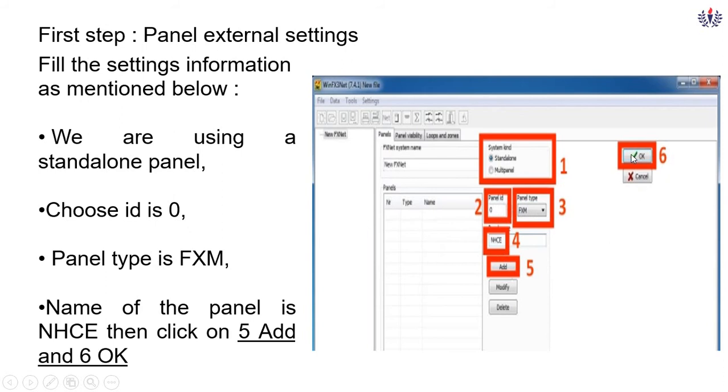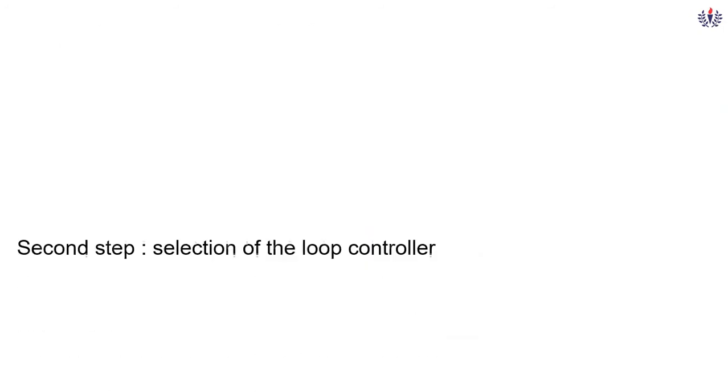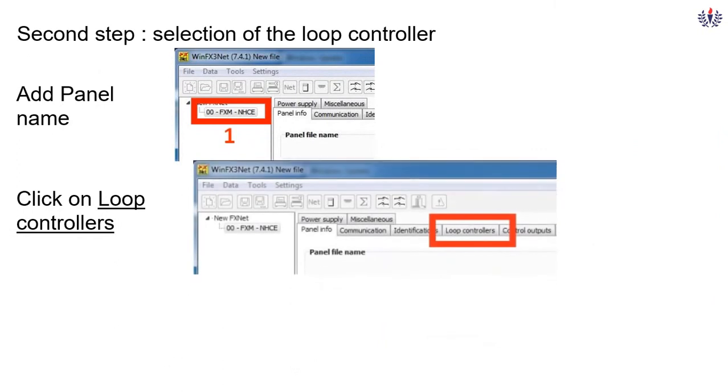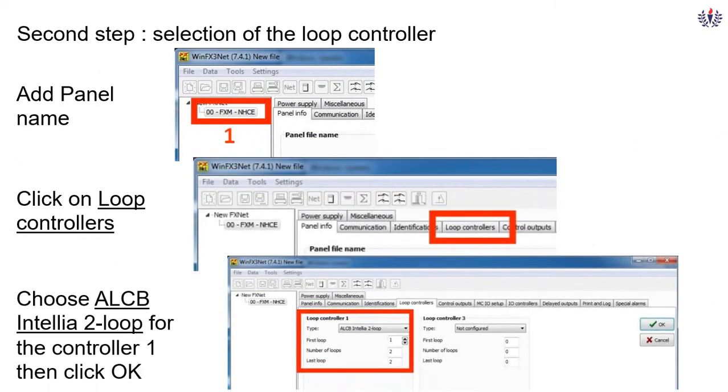So this is the first step of the panel settings. Next, in the second step, we should add a panel name. We have already added the FXM, so it can be added with the NHCE. So it will be reflecting as FXM NHCE. This will be the panel name.